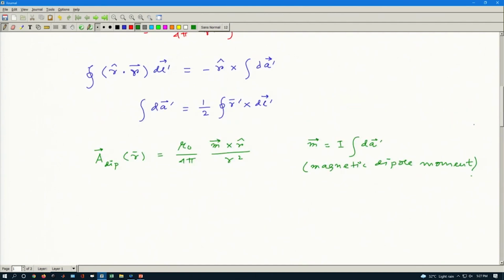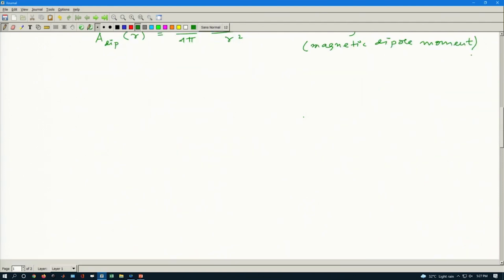But this thing we didn't prove actually, we just stated that. So, let us try to prove it. In Griffith's book, I guess there is a problem, and if you solve this problem, then eventually you prove that.